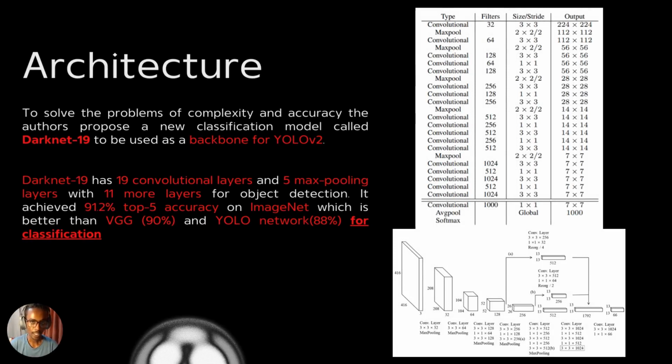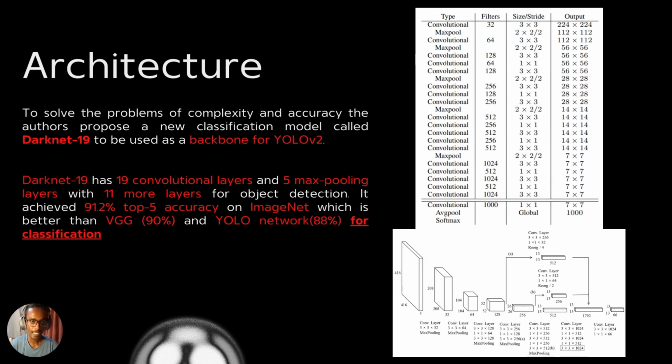Now let's take a look at the architecture, or the backbone, used in YOLO v2. To solve the problems of complexity and accuracy, because as we mentioned before, when you build deeper models the accuracy increases, but the complexity also increases and reduces the performance of the model, the authors proposed a new classification model known as DarkNet19 to be used as a backbone for YOLO v2.